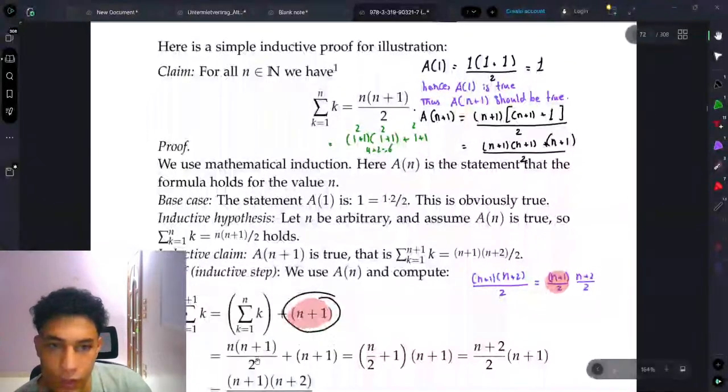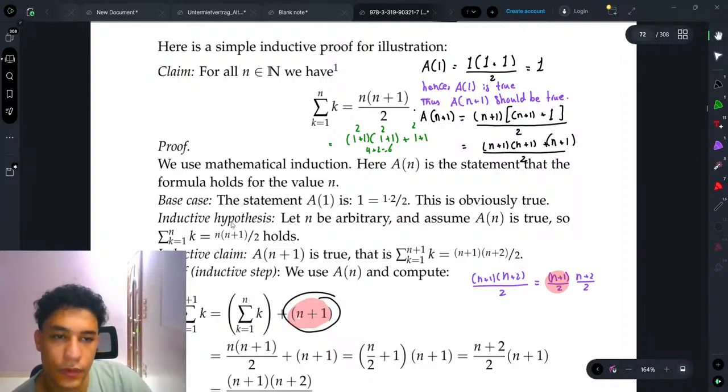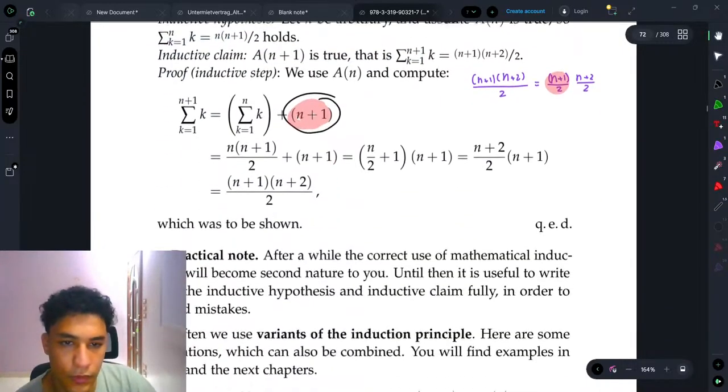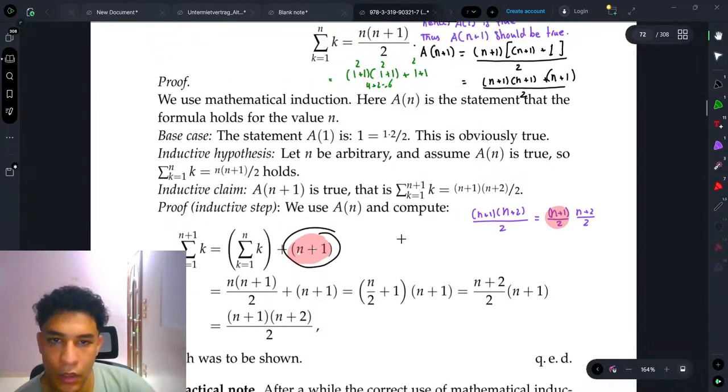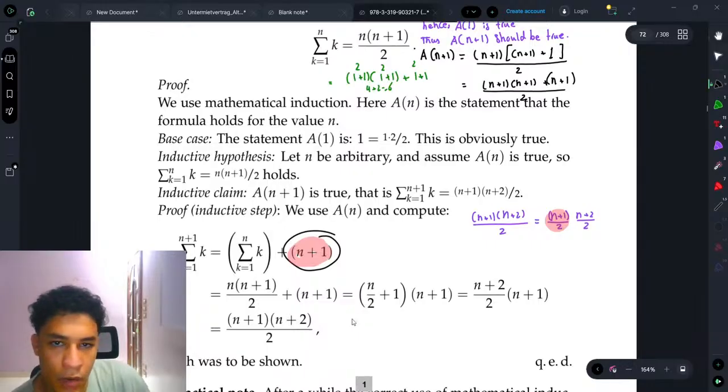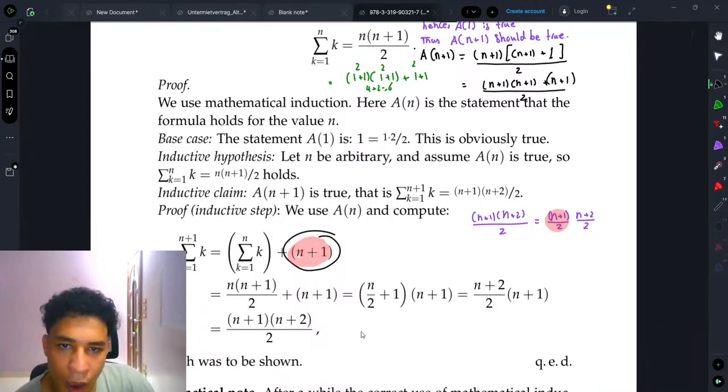Did I genuinely forget how to expand? The equation is right here. So we say n plus 1, n plus 1.